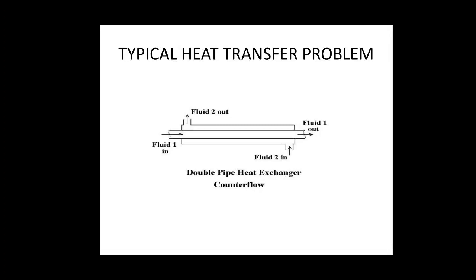In the inner pipe fluid 1 is flowing in and fluid 1 is also flowing out. In the outer pipe, that is the bigger diameter, you can see fluid 2 is flowing in and it is flowing out. Let's say fluid 1 is a colder fluid and fluid 2 is the hotter fluid.